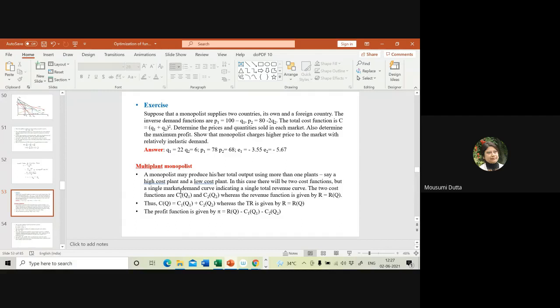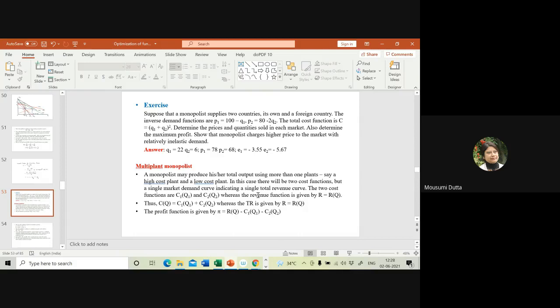Now I have to aggregate MC1 and MC2 and generate a total marginal cost curve. Since I sell the commodity in a single market, I have a unique marginal revenue curve corresponding to my unique AR curve.